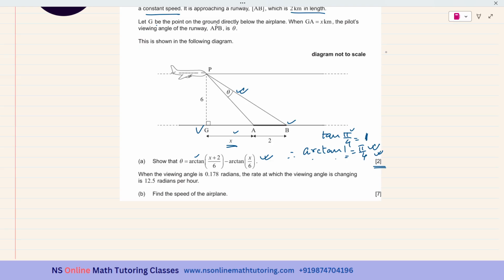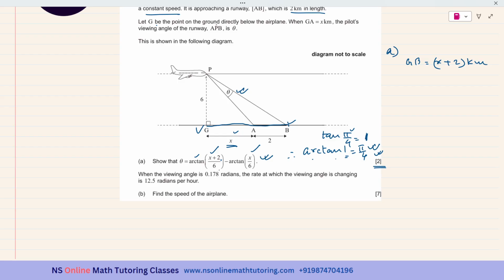Let us try to find out which angle is which. Which one is x plus 2? This is GB, so GB is equal to x plus 2 kilometers.